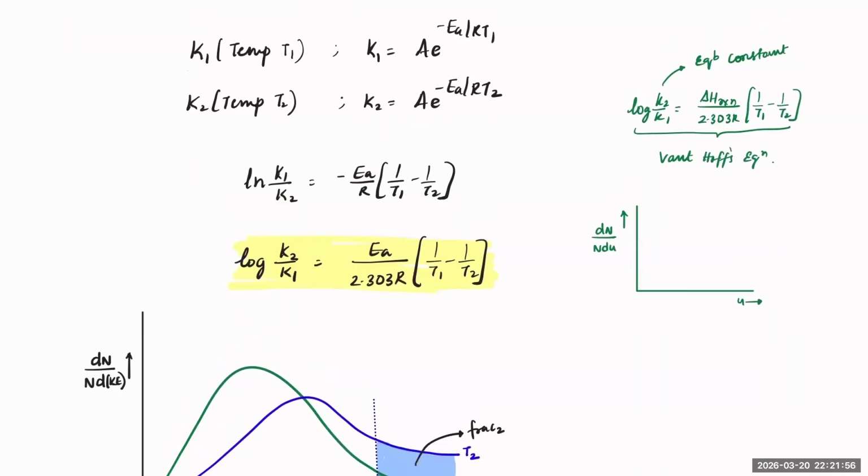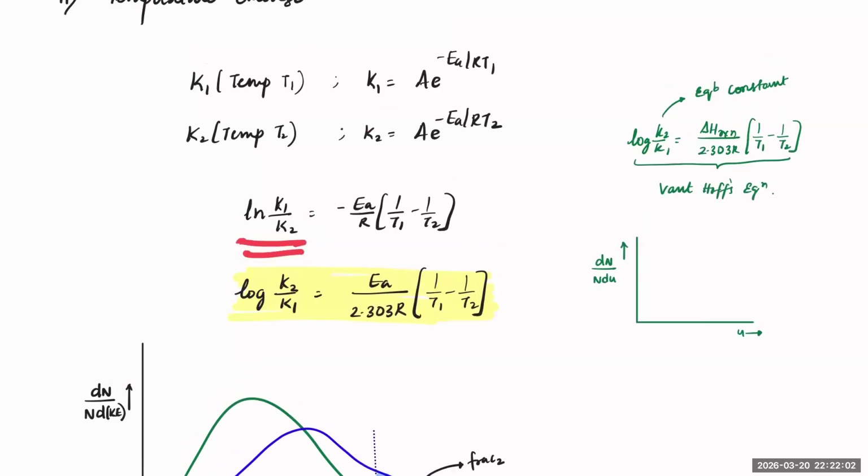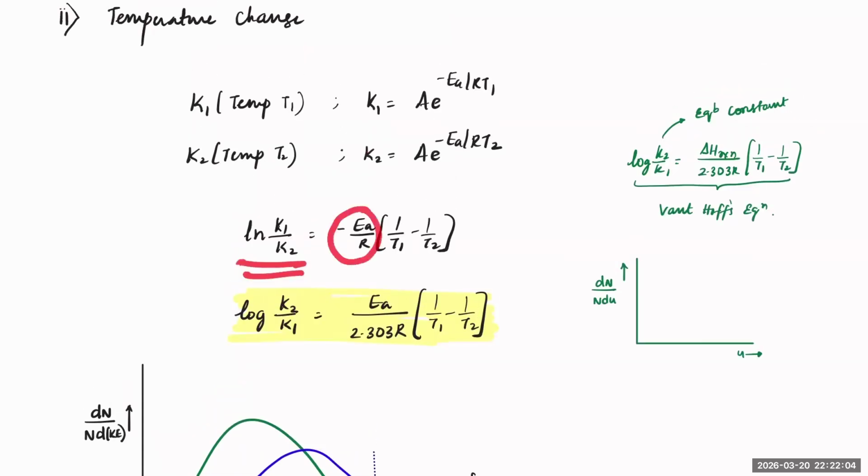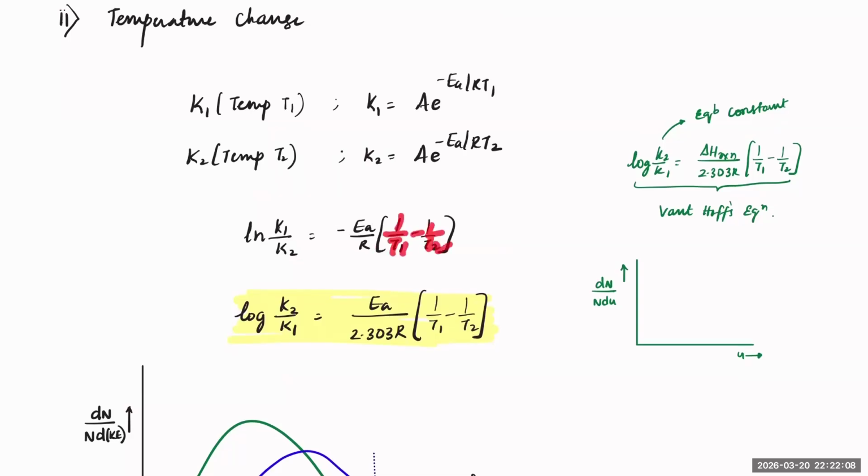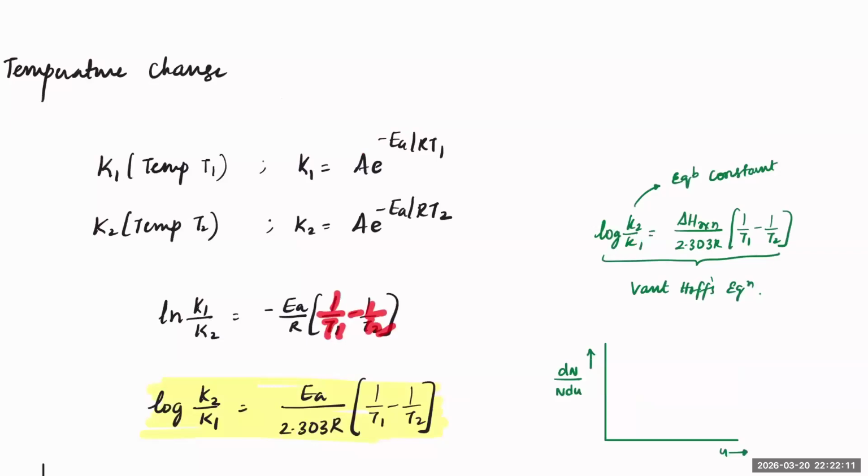If you divide these two and take log on both sides, I'll get ln k1 by k2 is equal to minus Ea by R into (1 by T1 minus 1 by T2). One thing you need to understand is that Ea is an intensive property. That means it only depends on the nature of that reaction.